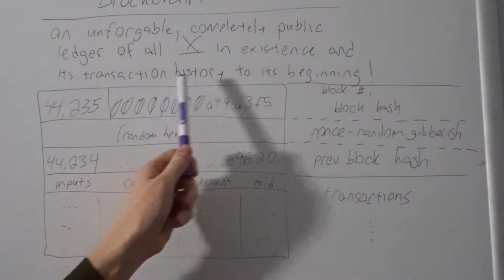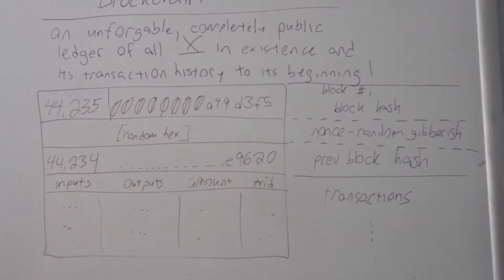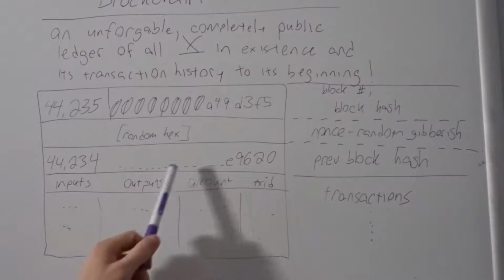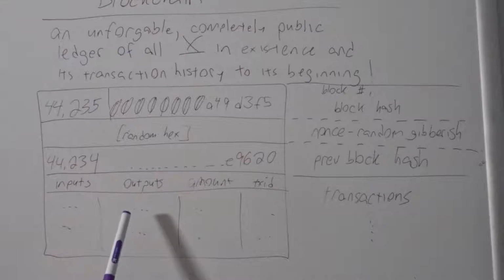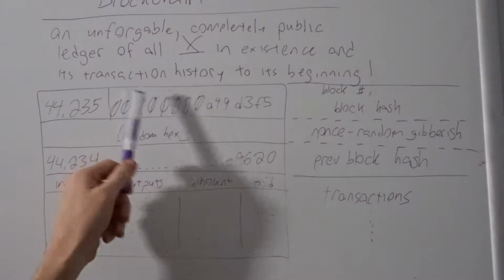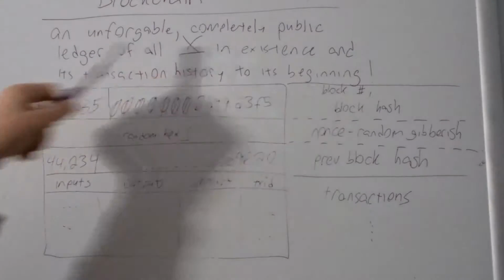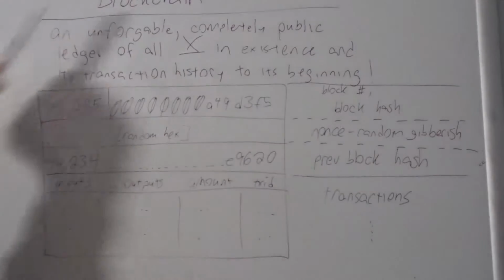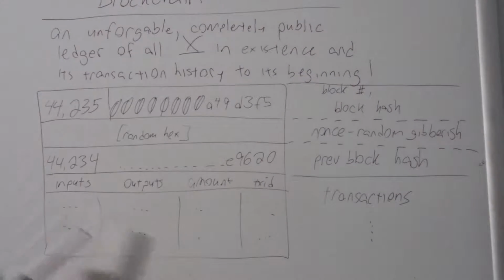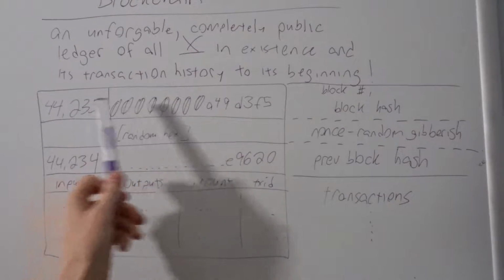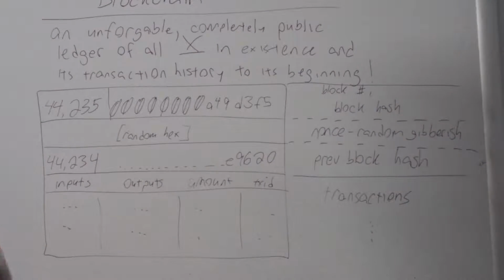Now, the block hash will be explained in a little bit. It's kind of what accounts for the unforgeable property, because every single piece of this block, if you change even a single digit anywhere in the block, including the hash, then someone who gets this block, when they try to hash it, or compute the checksum of it, it will not be this number. In fact, at any change, it'll be radically different. You won't even be close.